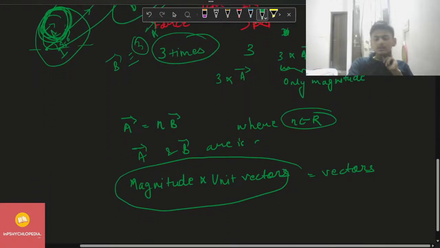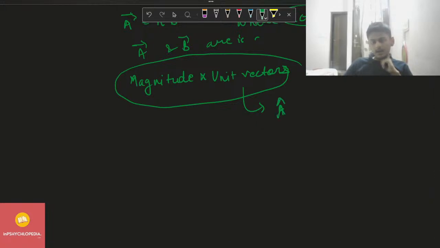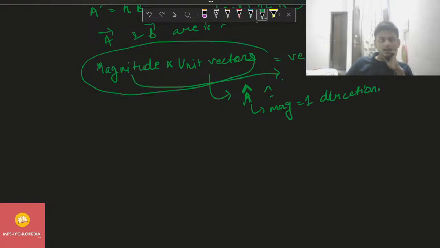In a more generalized way, if vector a was a unit vector, we put a cap symbol above it. So this is unit a vector. This has magnitude 1 and direction whatever. So just dividing by the magnitude, we get unit vectors, or the direction of a vector is given by the vector divided by its magnitude.